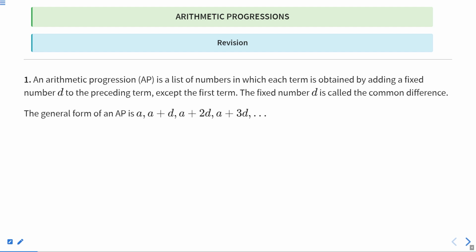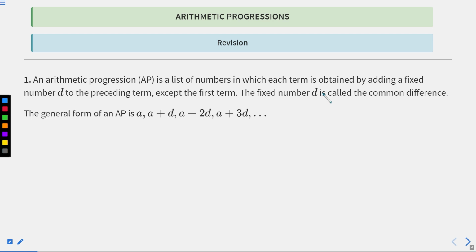An arithmetic progression, AP, is a list of numbers in which each term is obtained by adding a fixed number d to the preceding term, except the first term, and the fixed number d is called the common difference.